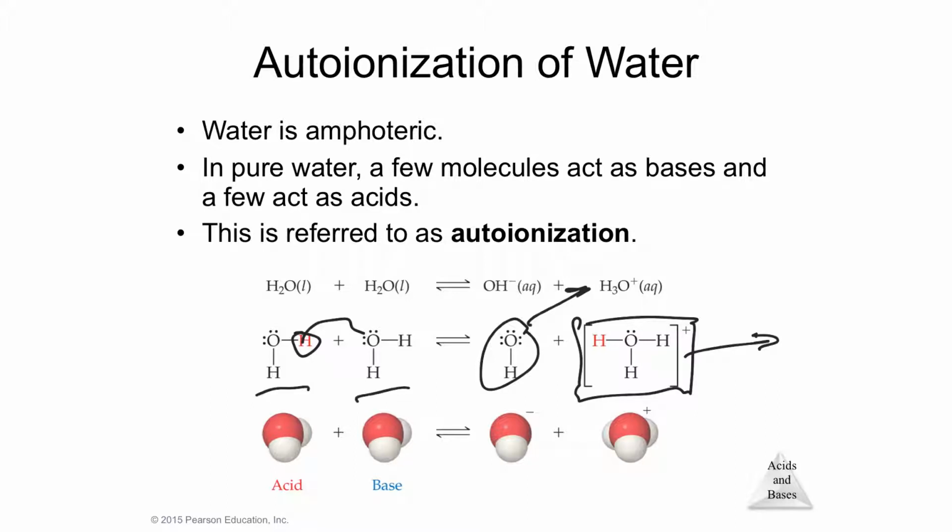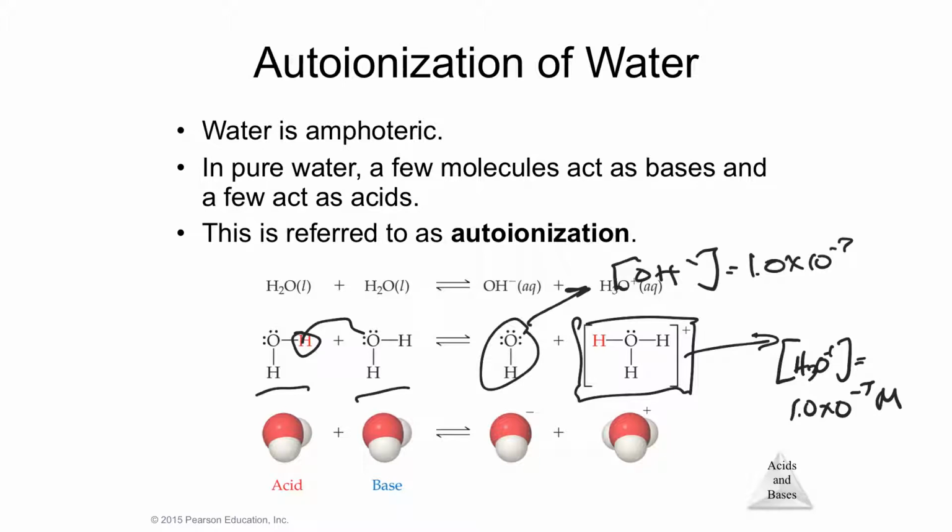In a normal glass of water, you're going to have a certain amount of hydroniums and a certain amount of hydroxides. This is by measurement; someone has experimented and done a measurement. They found that the concentration of H3O+ is going to equal 1 times 10 to the minus 7 molar. And since they're 1 and 1, the concentration of hydroxide is also going to equal 1.0 times 10 to the minus 7 molar.